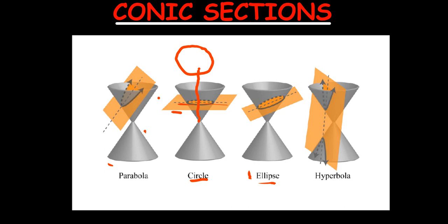It's more of a stretched out circle, something like this. Somebody can describe it as the shape of an oval. So when it cuts at an angle to the axis of rotation, it will form that shape there.